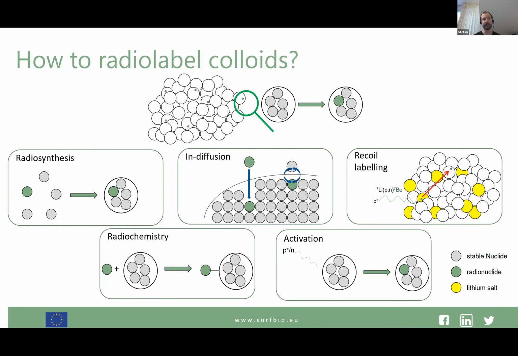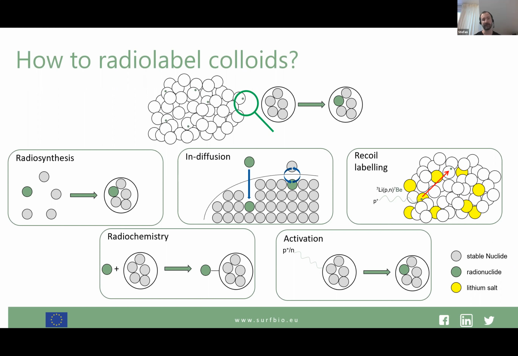And yeah, so here, of course, the yield of the activity, or the specific activity that you can get after this process is dependent on the yield of this chemical reaction. And of course, you have to have in mind that due to this chemical reaction, you could change the properties of your particle.